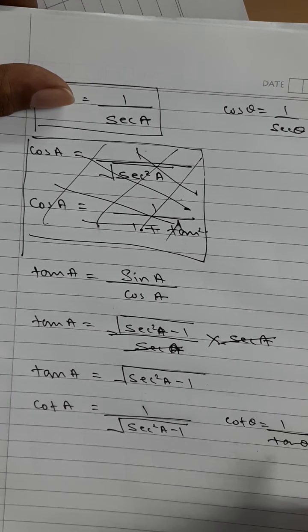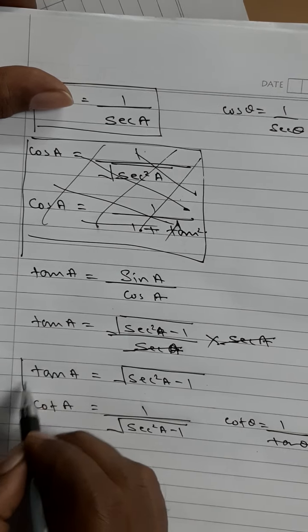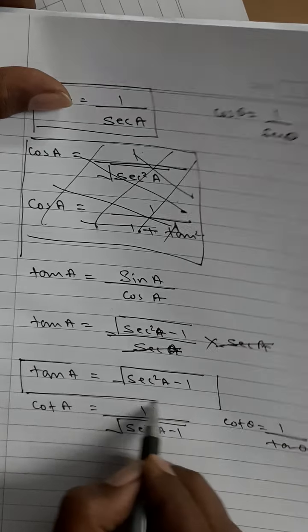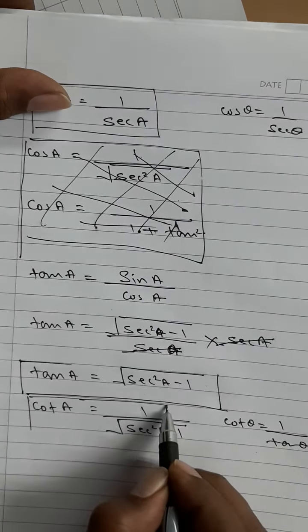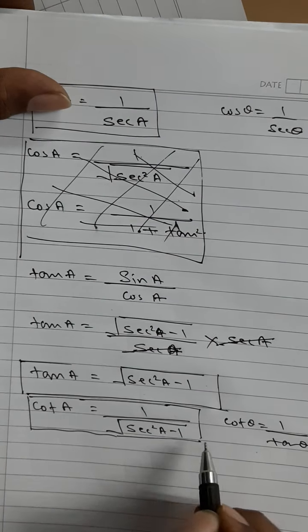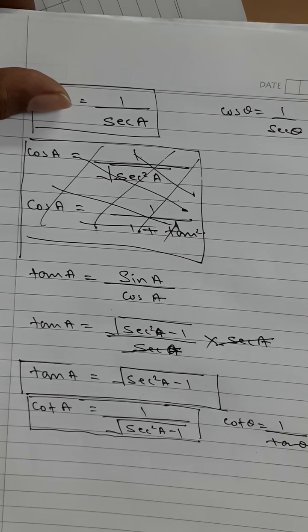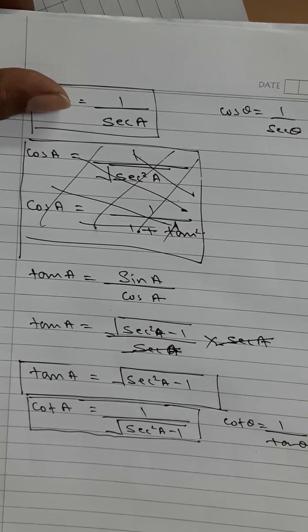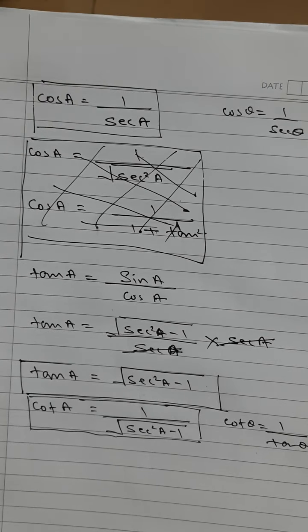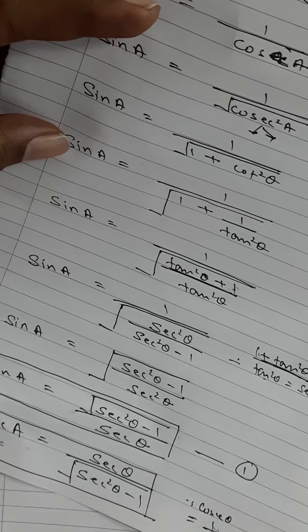Okay, that is done. But tan A also is over and cot A also is over. I don't think they must have given the answers of this in the question, but actually you can counter check this.